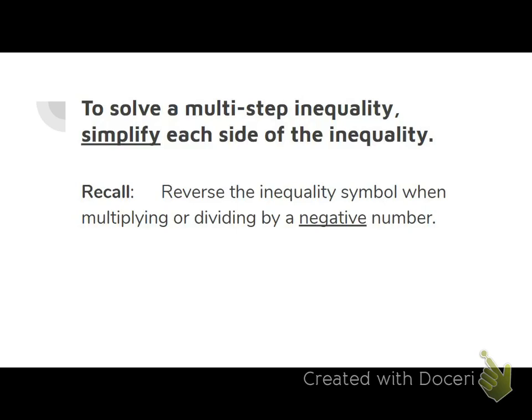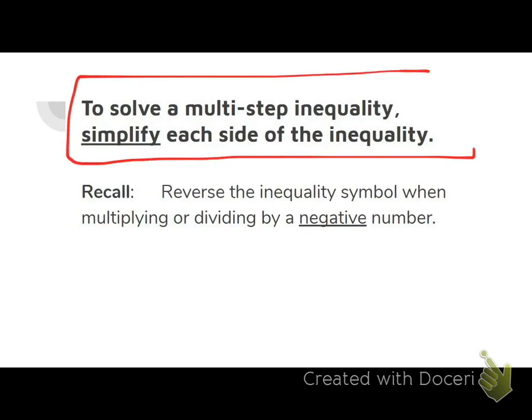This is not a whole lot different from when we did equations, so I would get this note down. The recall I would only write down if you don't remember that, but that was a rule that we should have written in our notes last week. If we multiply or divide both sides by a negative, we reverse or flip or change the inequality symbol.